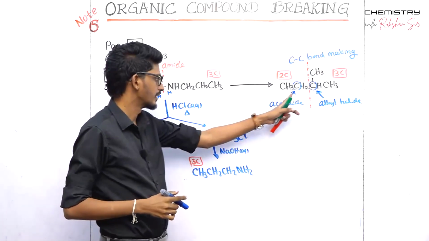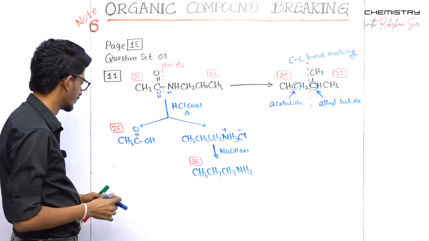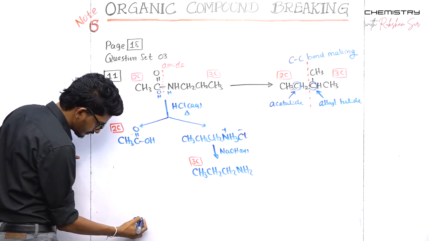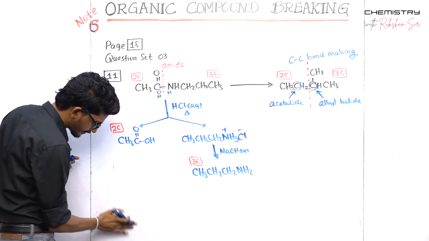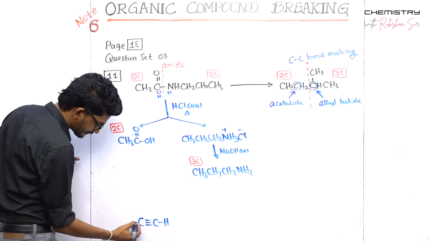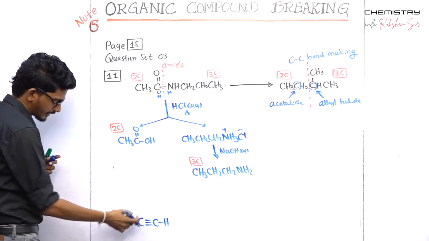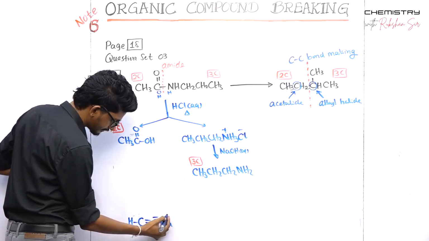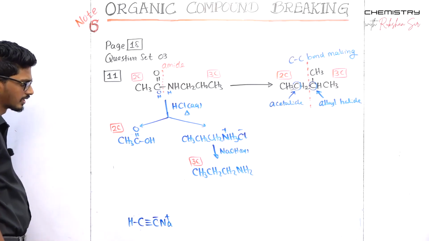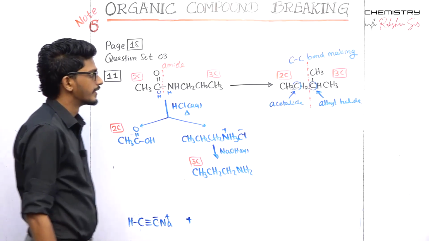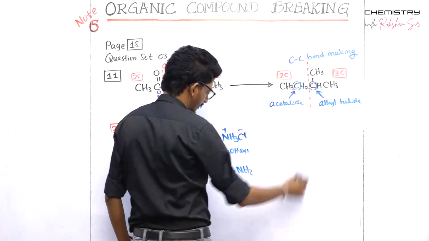I'll write the 2 carbon acetylide here. So the 2 carbon acetylide is this, coming from this, right? HC≡C minus, Na plus. This is the acetylide, and then this alkyl halide.